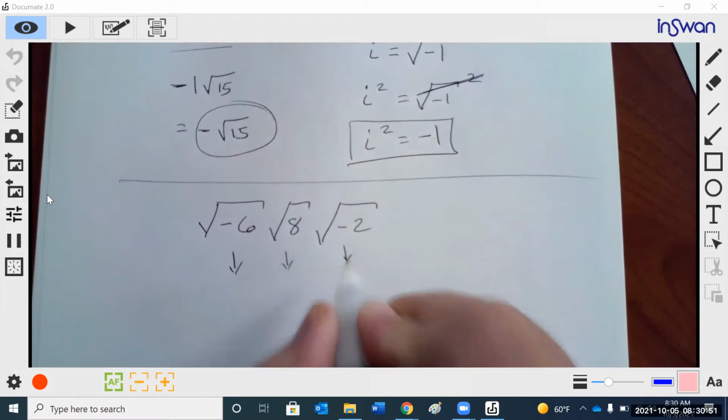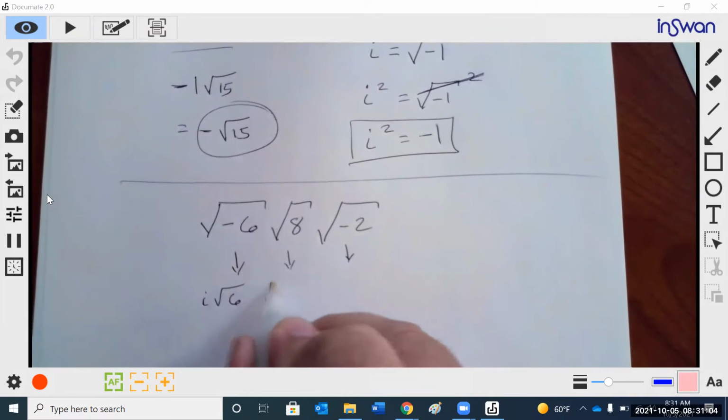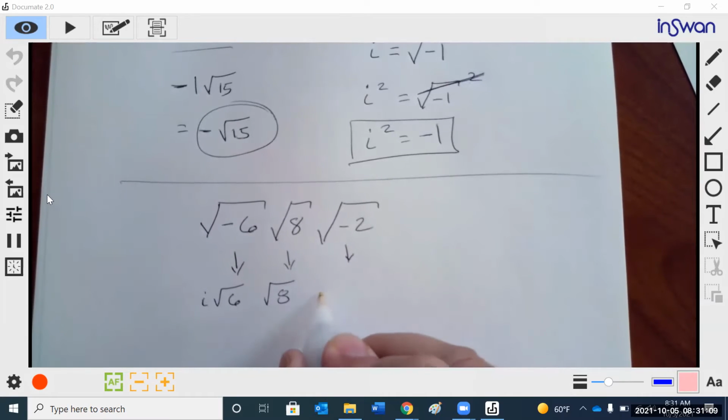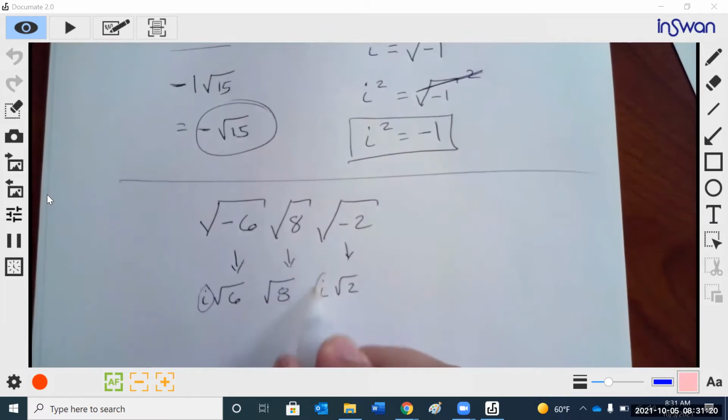So what does the first one become? Radical negative 6. i radical 6. The other one is just radical 8. The last one becomes i radical 2. So far so good. We got rid of the negatives. i times i is i squared.